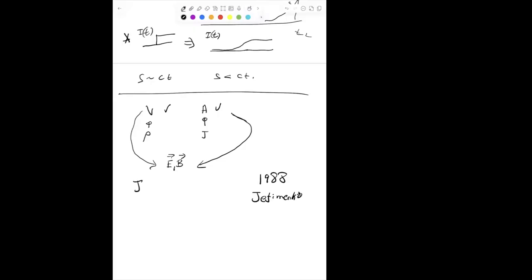Now, why did it take so long for people to write these equations? It's not that Jefimenko, with all due respect, and I do respect this guy, I think he was some Russian physicist or mathematician. It's very simple.